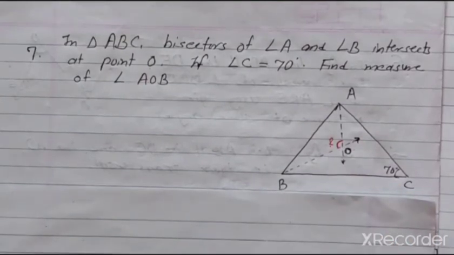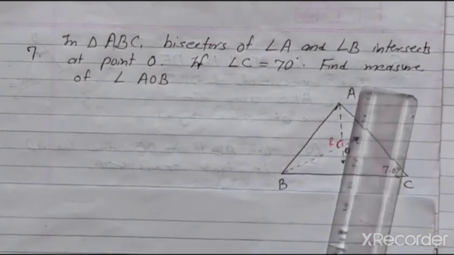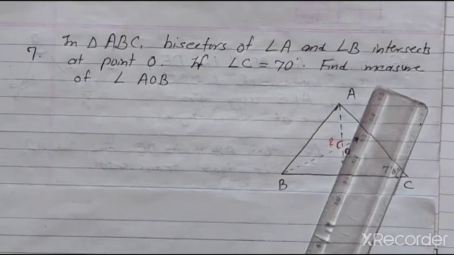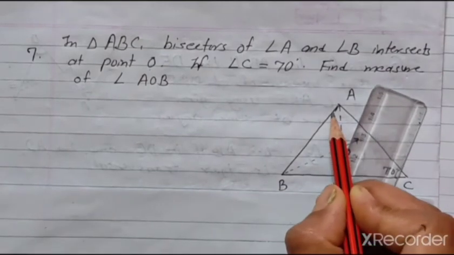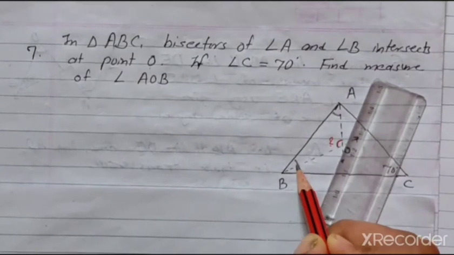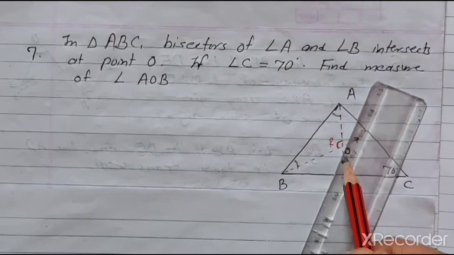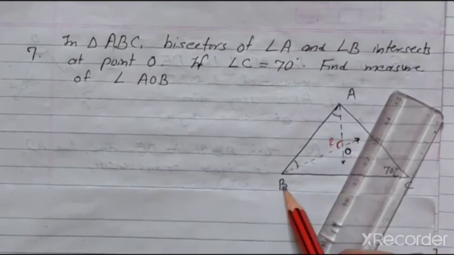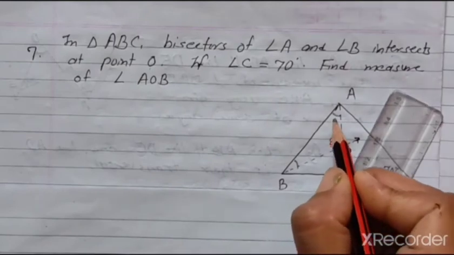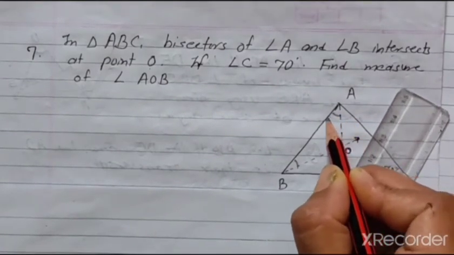Okay, to find this measure, we have to know the measure of this angle and the measure of this angle. These angles are not given. You know that this ray OA and BO, both rays are angle bisectors. So this measure is half of this whole angle.